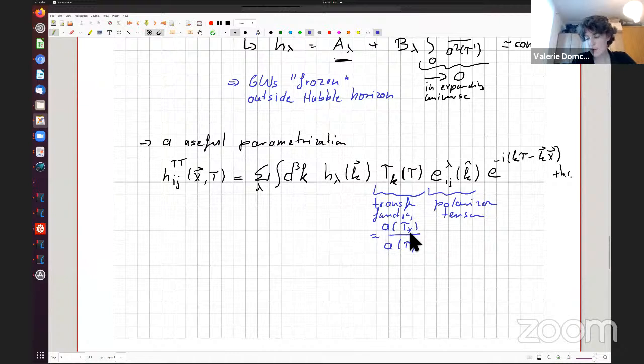And this initial time could be either the time when this gravitational wave is formed, or if you have formed it in some super horizon process, then this time would be the point in time when the gravitational wave enters inside the horizon. So in both cases, this time t star is when the gravitational wave begins actually behaving like a wave. So it begins oscillating, begins redshifting as 1 over a. And then consequently, the thing that is left here is the Fourier coefficient at this time. Sometimes we call it the primordial Fourier coefficient.